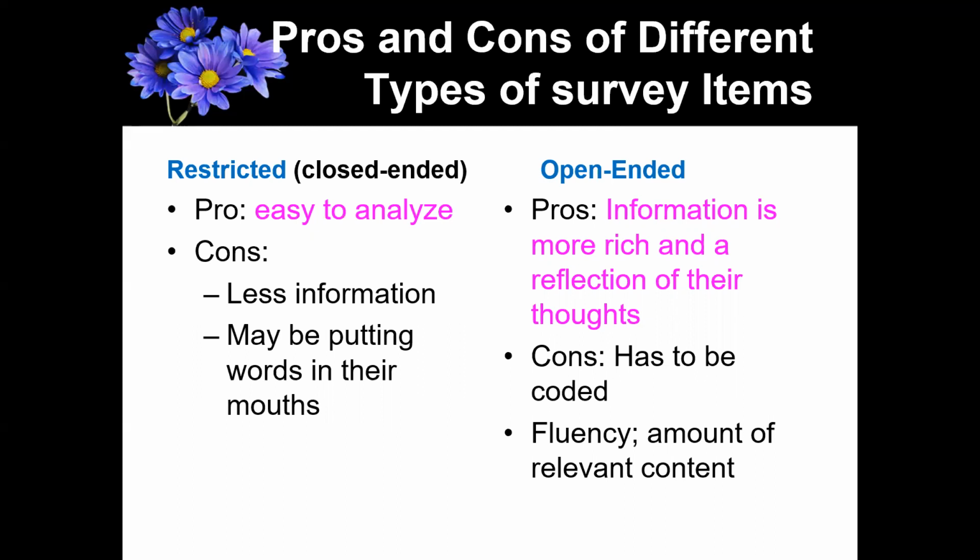That can influence what you find, and it adds another layer of complexity to how you code it, because someone might mention the same word twice that you're coding off of, but that could be because they wrote a much longer answer. So how much they are going to say needs to be taken into account.